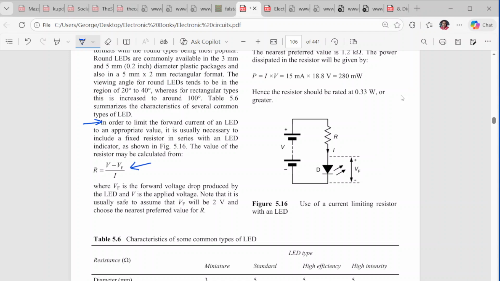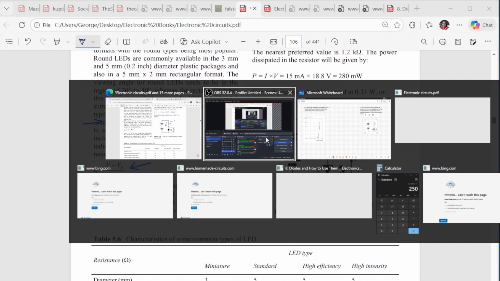The value of the resistor is equal to the voltage of the power supply minus the diode forward bias voltage, divided by the current. So this is a circuit. Notice that this is the LED and this is the current limiting resistor, and current is going to flow in that direction. Alright, so let's do a couple of exercises.